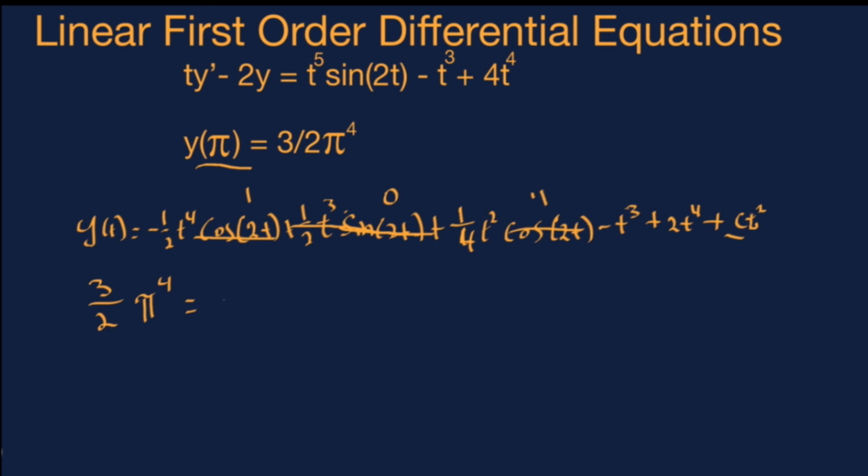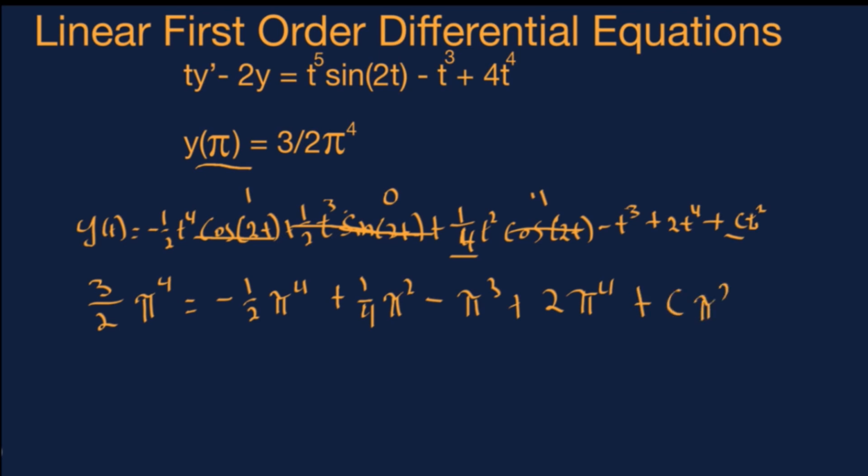So it will be 1/2 times pi to the 4th plus 1/4 times pi squared minus pi cubed plus 2 pi to the 4th plus c times pi squared.